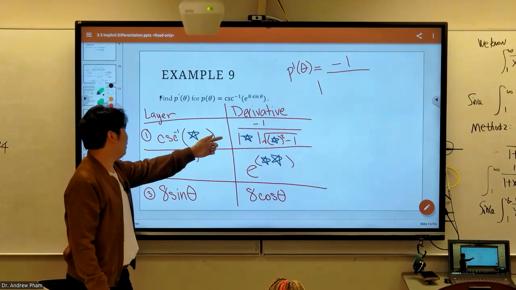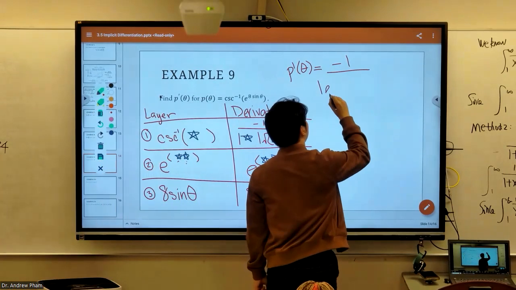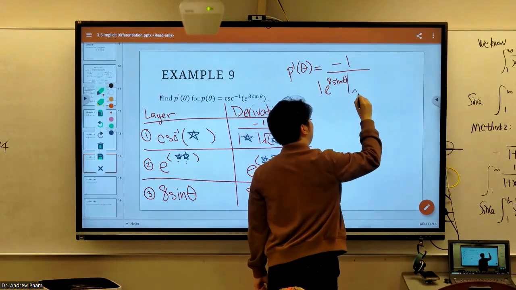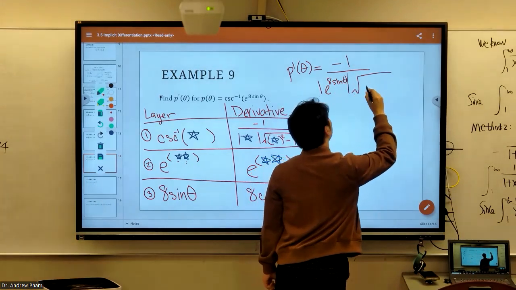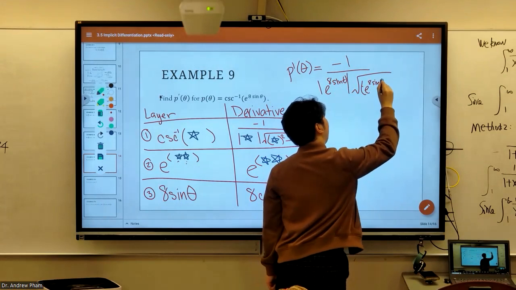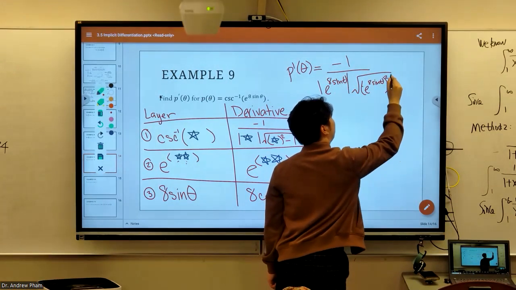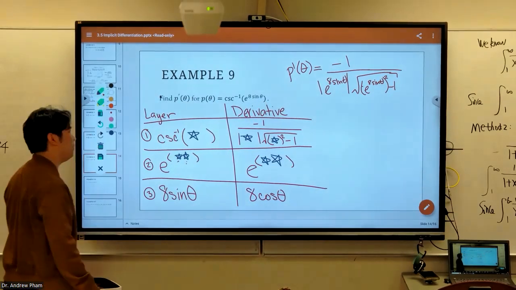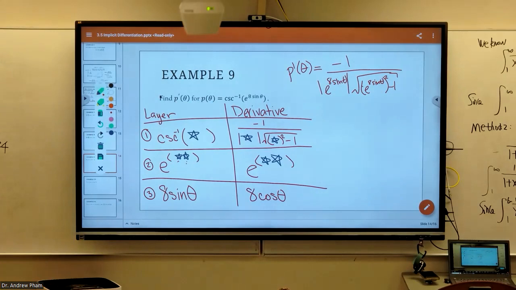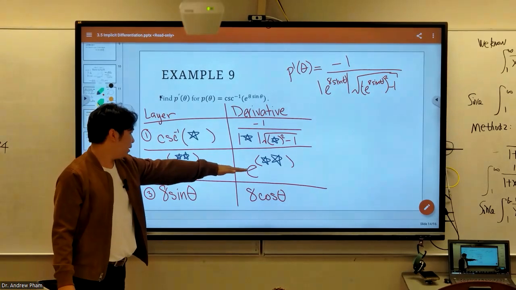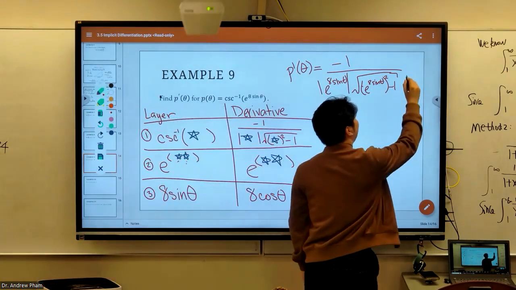So in this case, it was e to the 8th sine of theta times the square root of, I don't know if I'm going to have enough room here, e to the 8th sine of theta squared minus 1. That's my first layer derivative. Times the next layer, e to the 8 sine of theta.